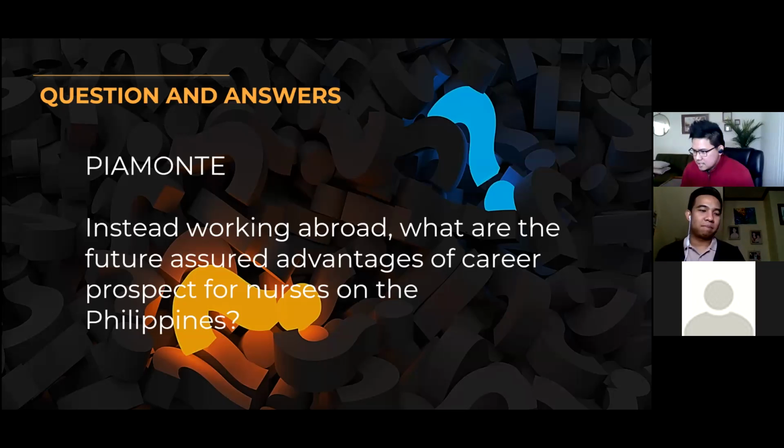Assured advantages, I think number one is, if you, just in case, are hired in St. Luke's Medical Center, you have a better salary, and you have a secure job, depending on the contract, but most of the time 2 to 3 years.